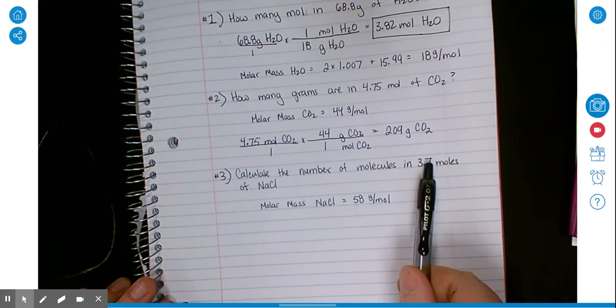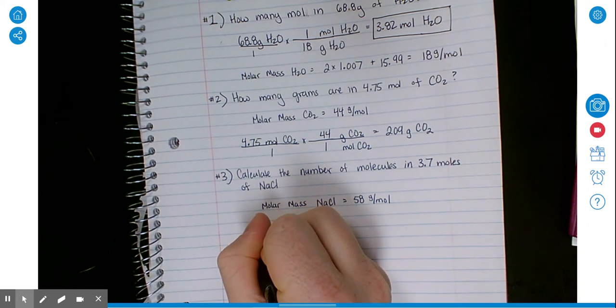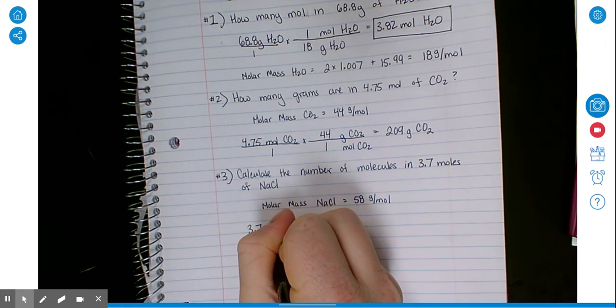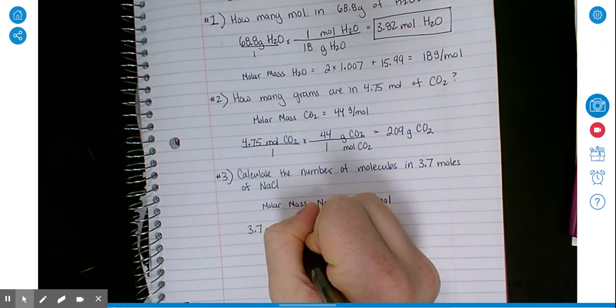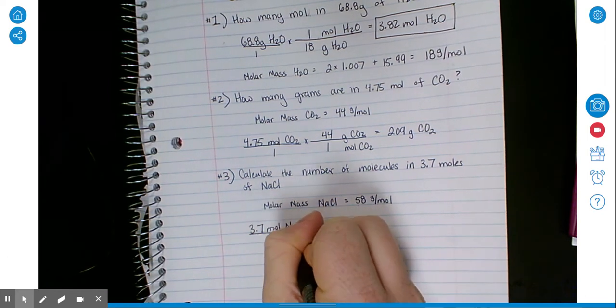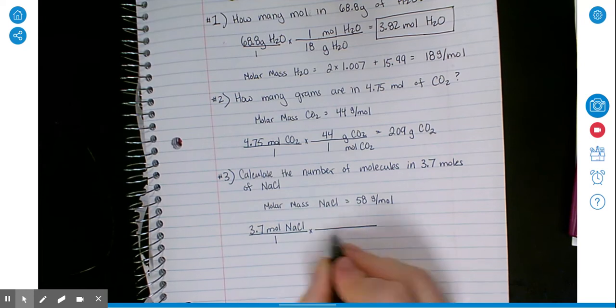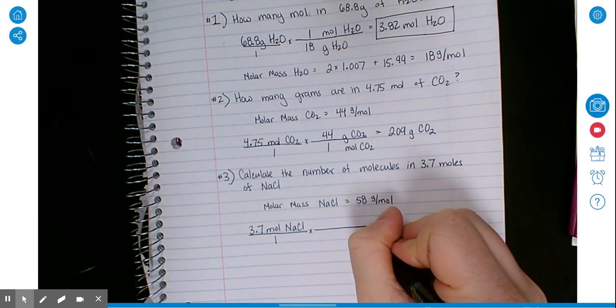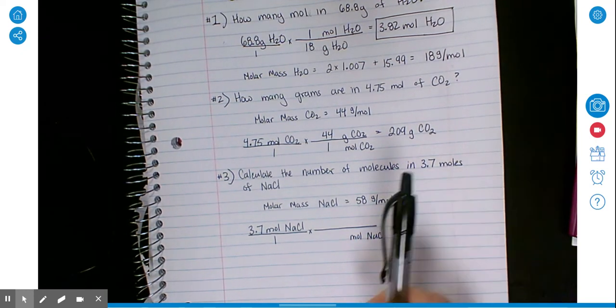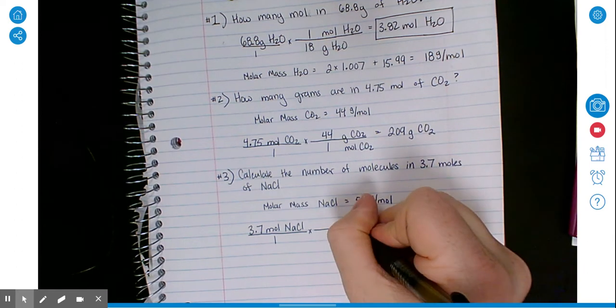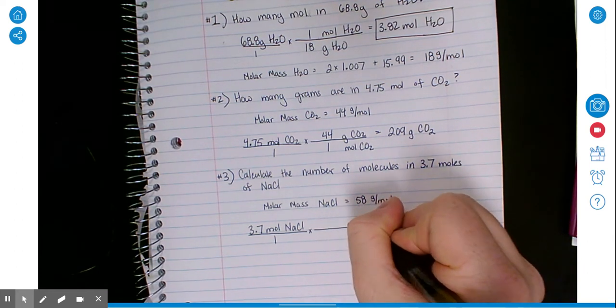Start with what you know. I know I have 3.7 moles. Moles needs to cancel. And I'm going to molecules. So moles to molecules.